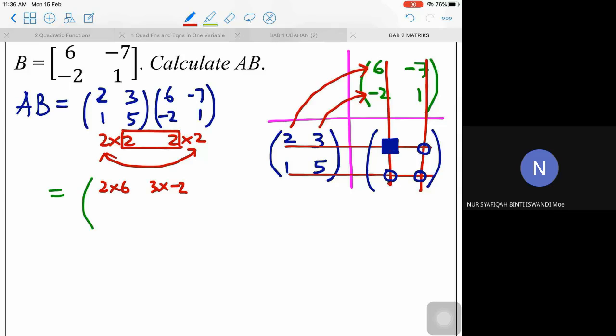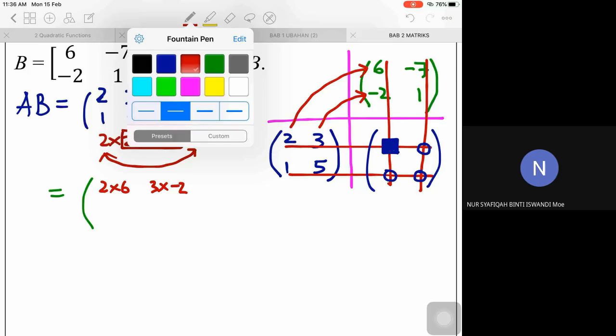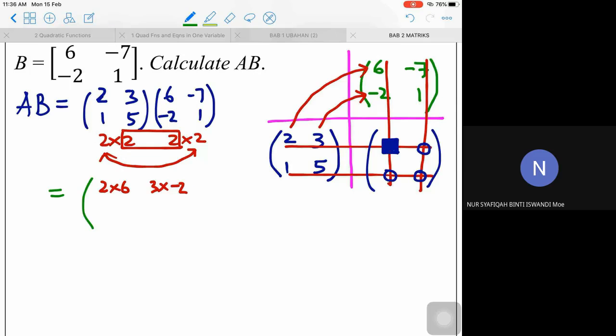Plus. Yes, we do addition. Correct. Normally I will circle the addition so that you know this is addition and not multiplication.